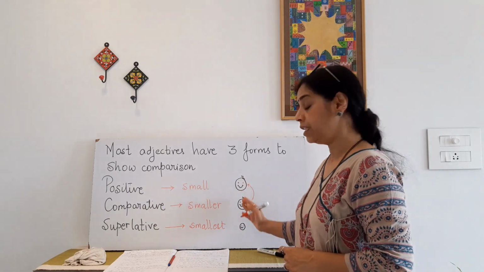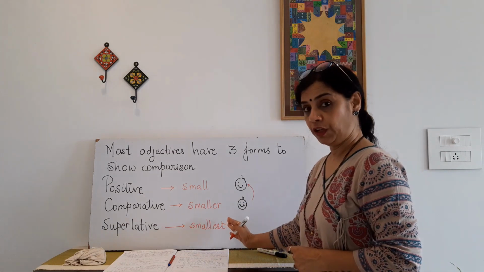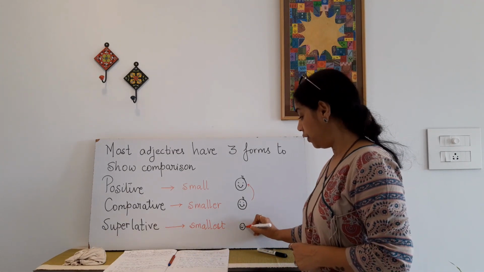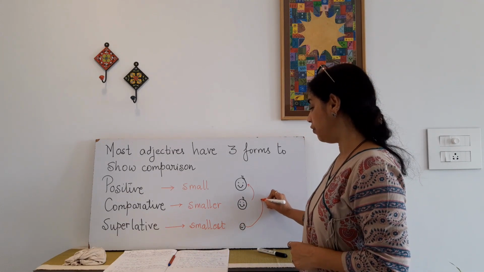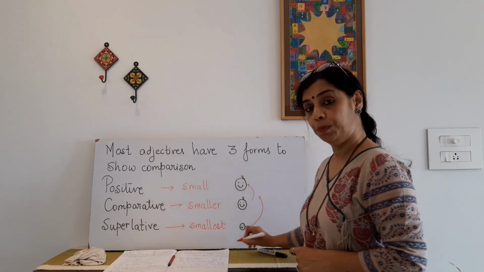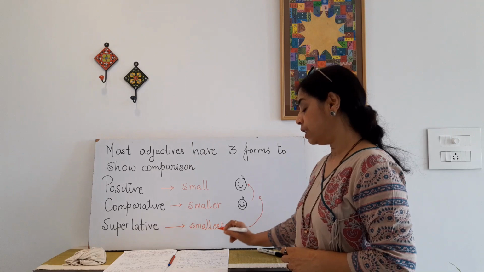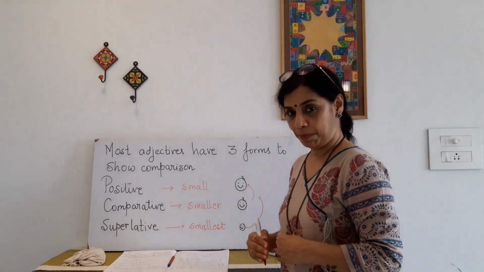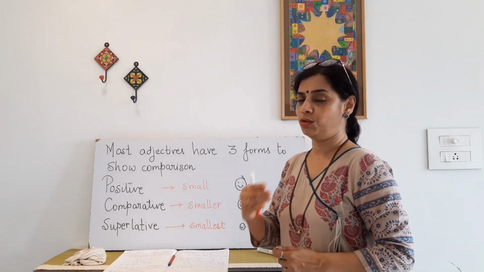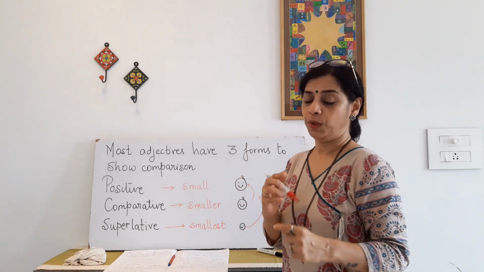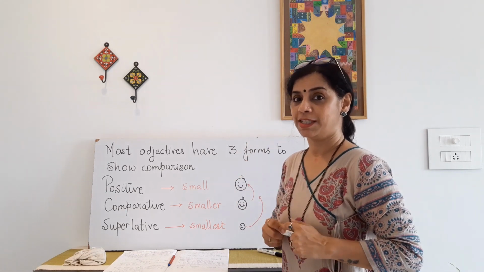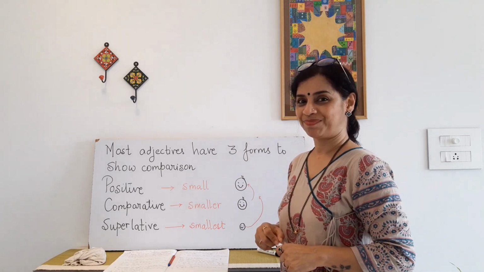So I've compared these two. Now in the third level, the superlative, this face is the smallest face in the entire group. So this is the smallest. As I go step by step, I will tell you certain rules that you can follow to get these comparisons correctly. Okay?